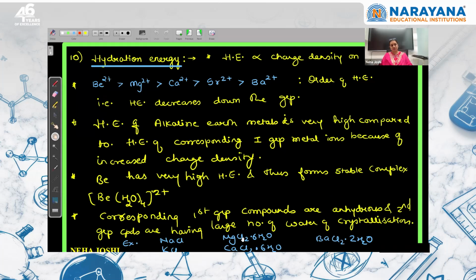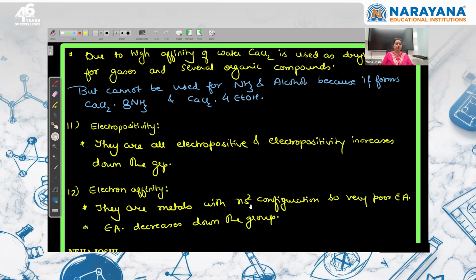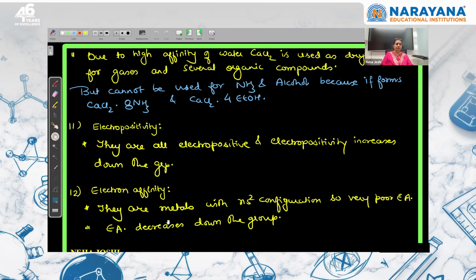The variety is so large, so both 6 and 8 are okay. Don't confuse which one you should take. Both are correct.